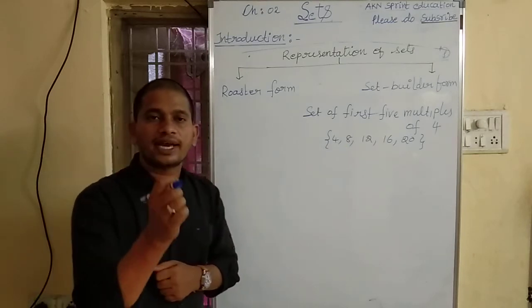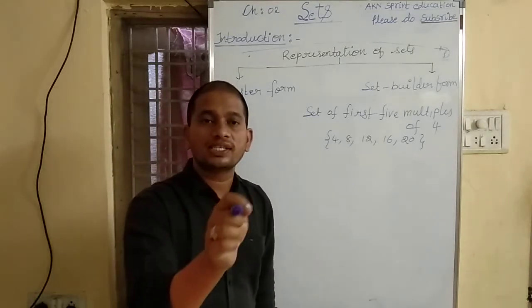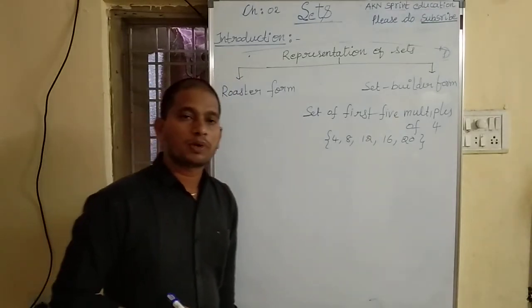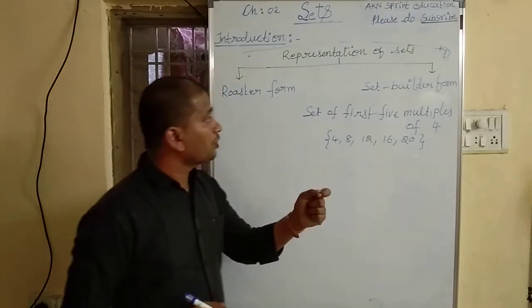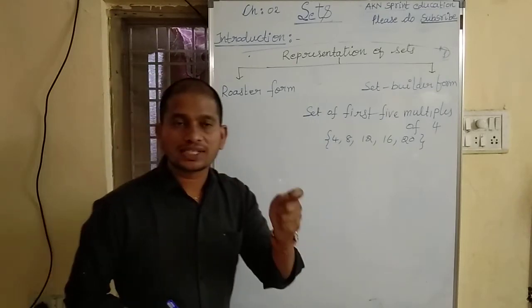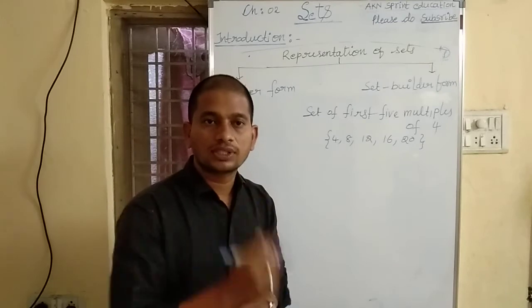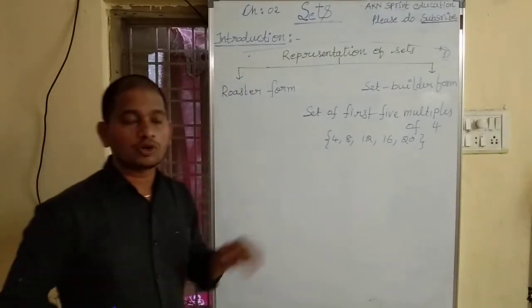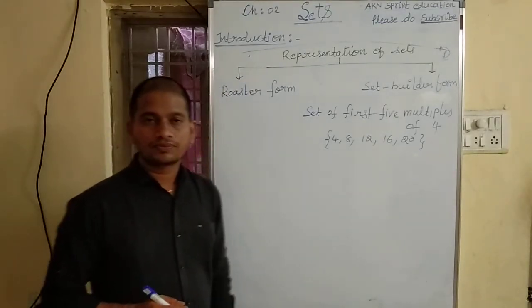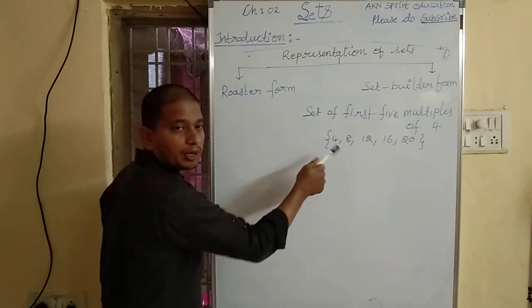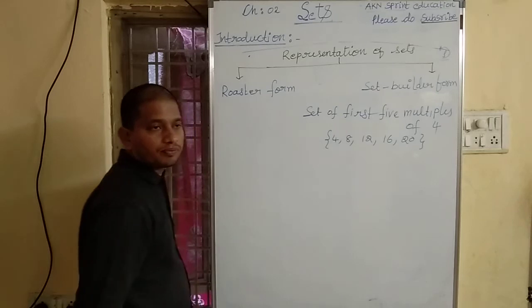When we write the set by listing the elements with a common property, when you want to represent a set using set builder form, we have to follow certain syntax. Let me represent this common property using set builder form.